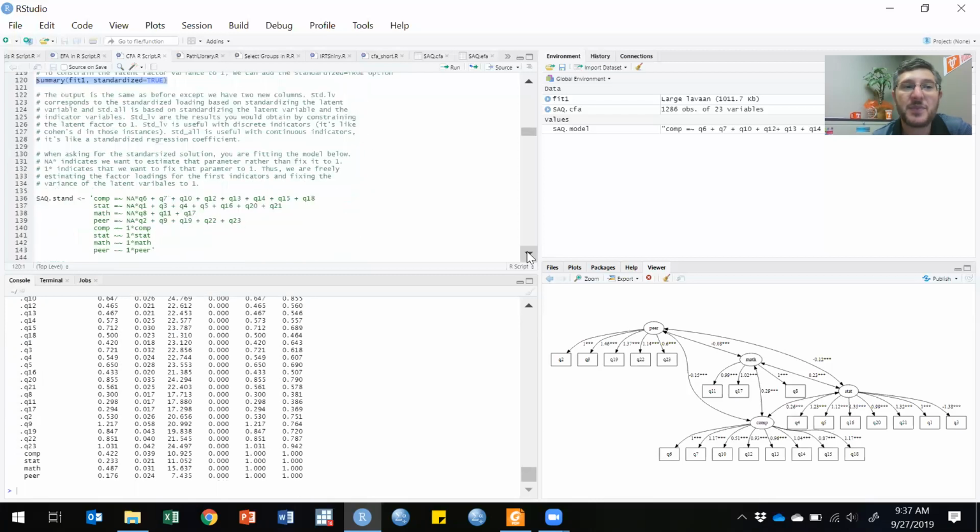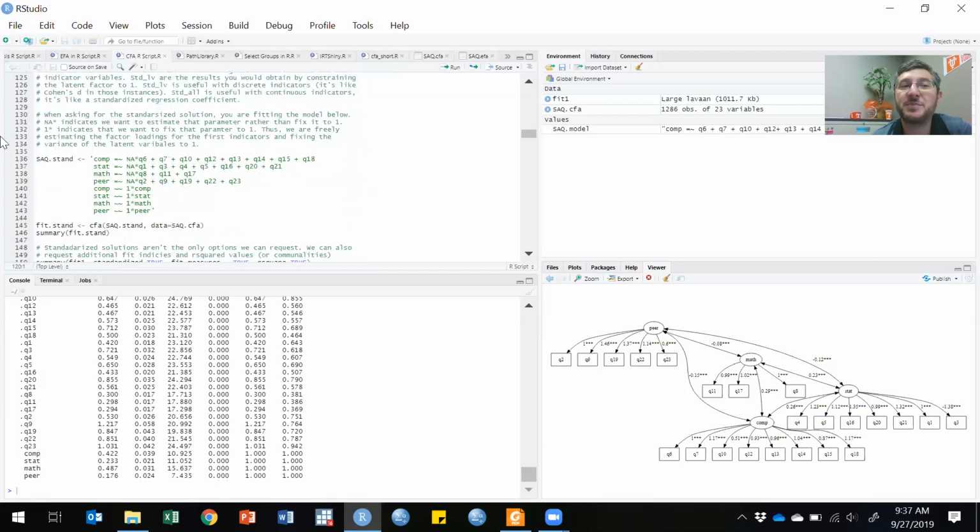So if you want, here I have some syntax. If you want to ask for the standardized solution in lavaan terminology, this is how you would set up your model. We would take out the first indicator for each of our latent variables and multiply it by NA.